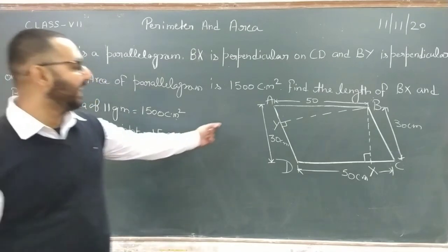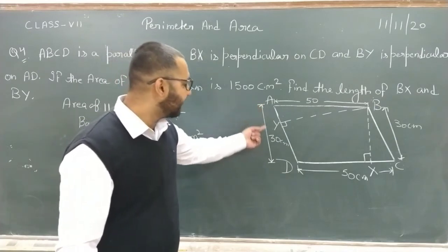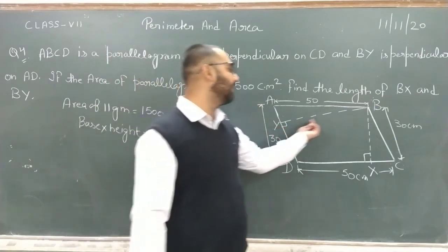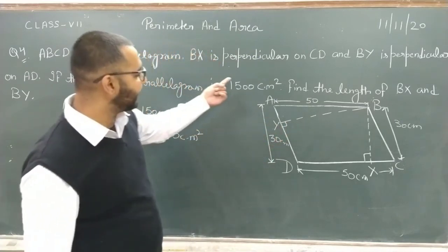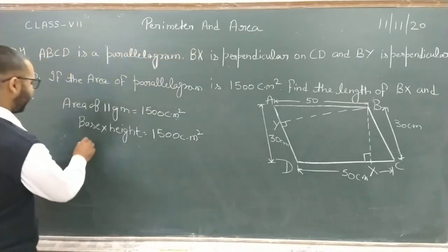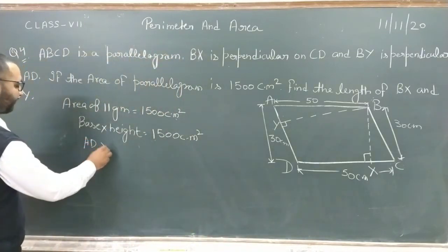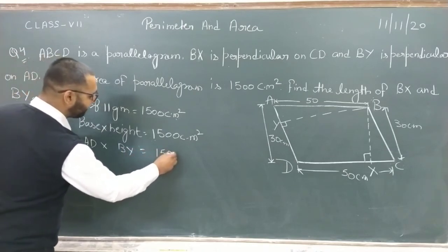Now if I take AD as my base, then height will be BY of this parallelogram. So base AD of parallelogram, height will be BY. So I can say AD multiplied by BY is equal to 1500.